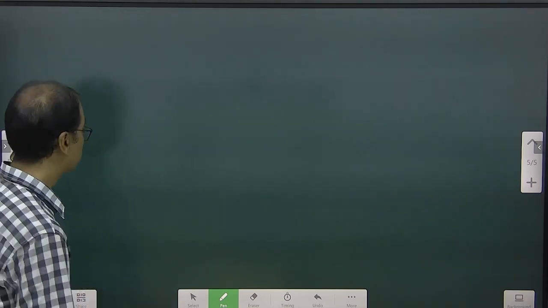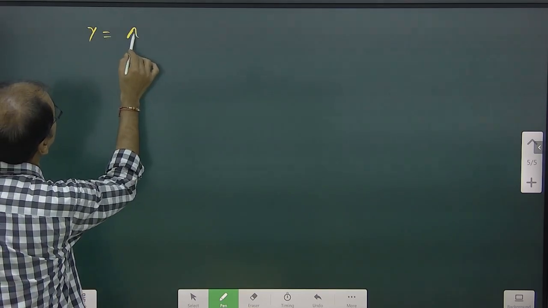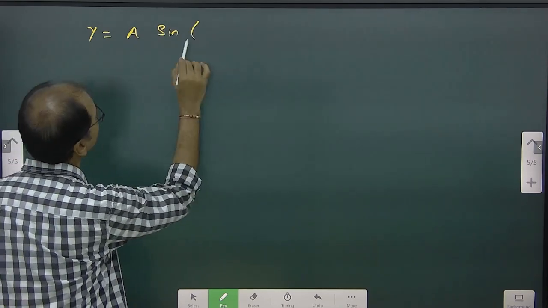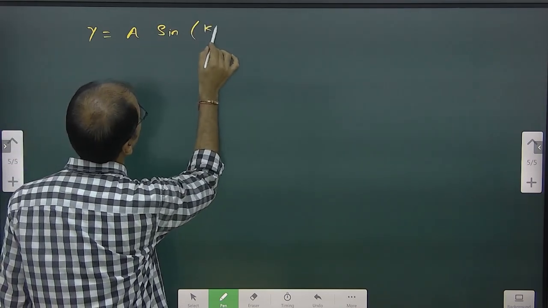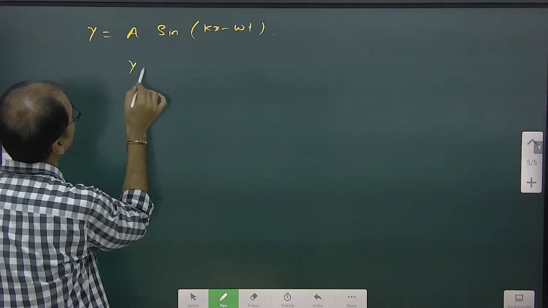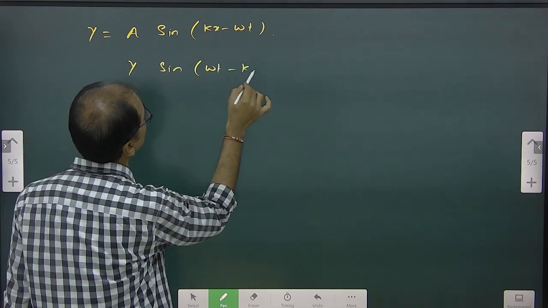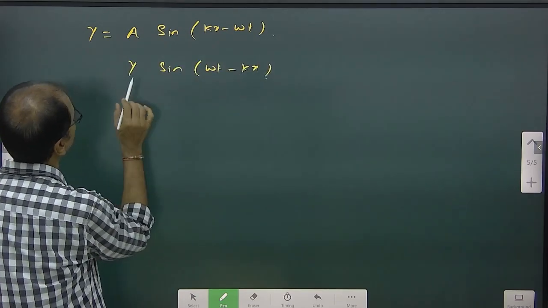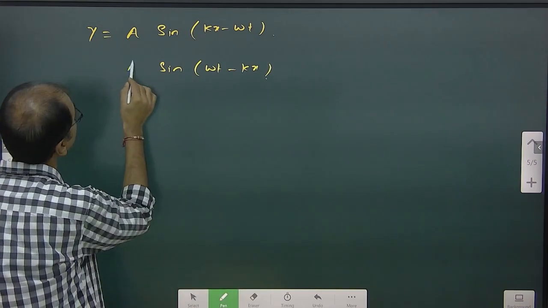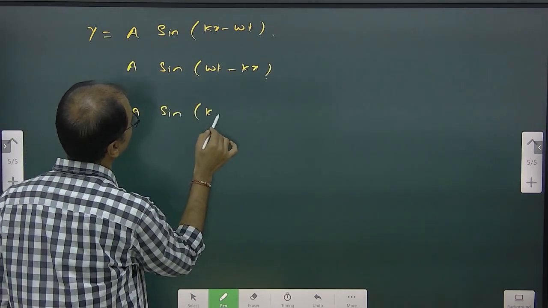Okay. So now what happens? We get the form as, this is the function. Function is what? Sine here now. So we write our equation as maybe a sine of kx minus omega t, or you write it as a sine of omega t minus kx, or you write it as a sine of kx plus omega t.